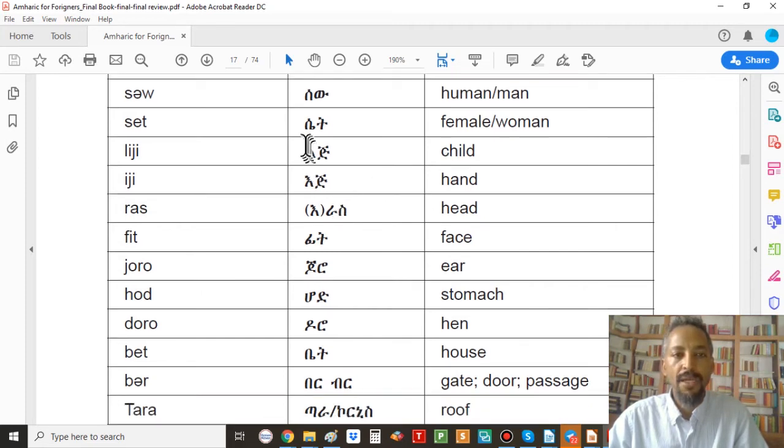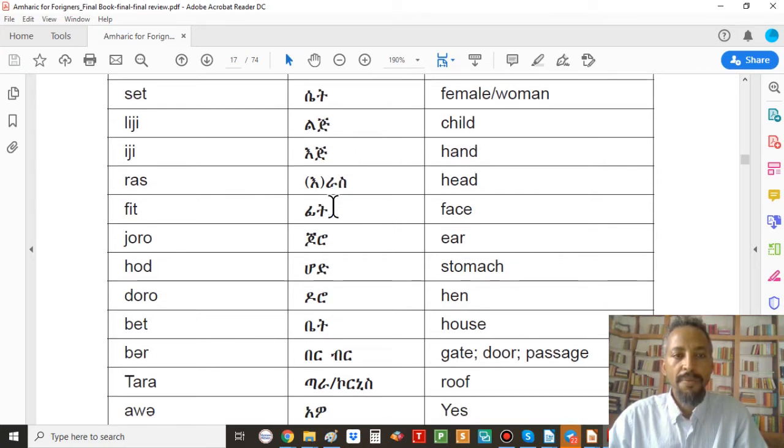Next one, eg, hand. The next one, ras, sometimes we write or say it ras, that's why I put it in parentheses.